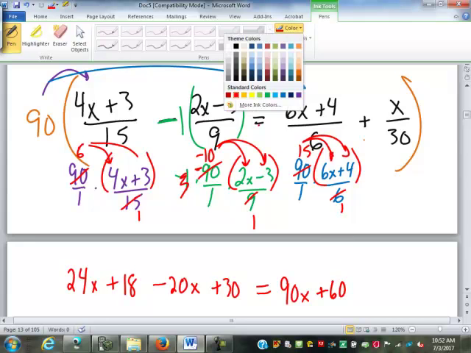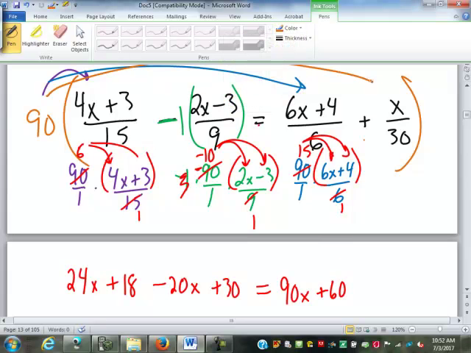And finally, we've got the 90 times x over 30. So 90 over 1 times x over 30. So we got 30 and 90 cross cancel, give me 3 and 1. So 3 times x is just 3x.